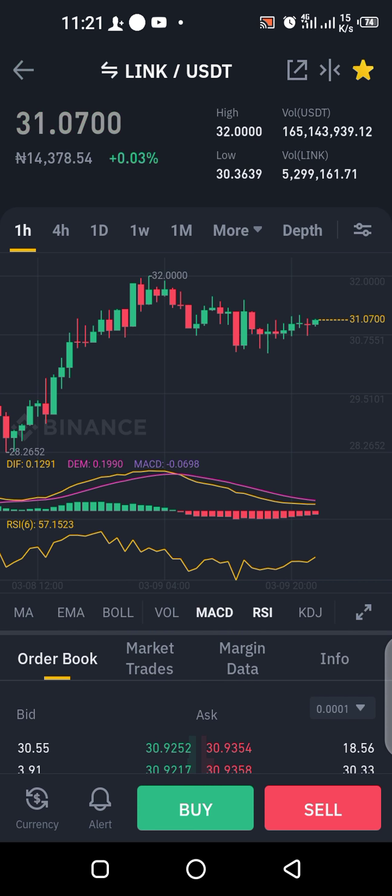Then keep following them. Imagine if you have been following BNB since the beginning of 2021 or since August 2020. Imagine if you stick with it. Imagine if you'd been following Litecoin from when it was $50, $25, $30.